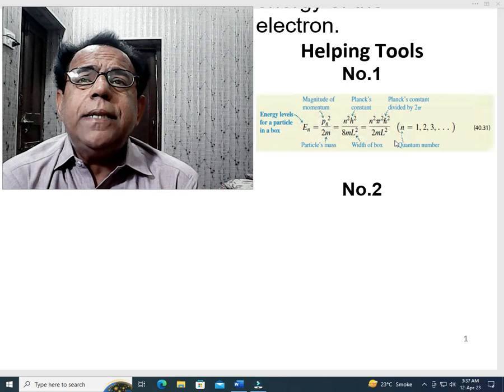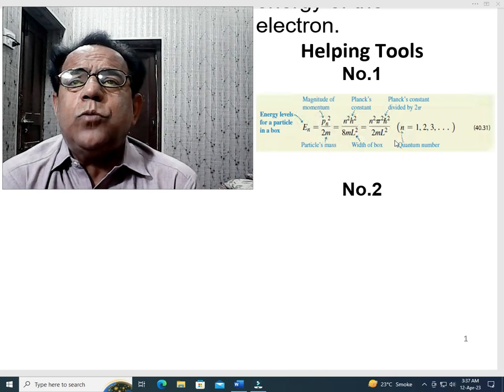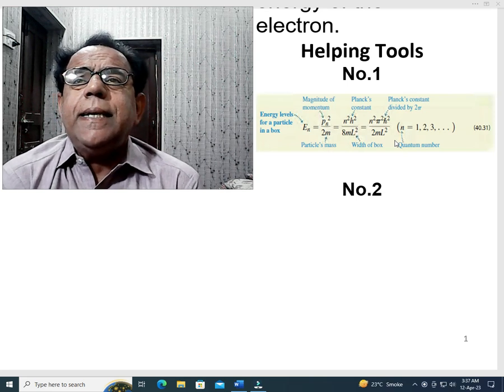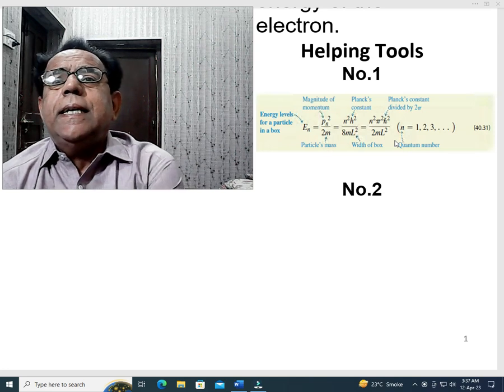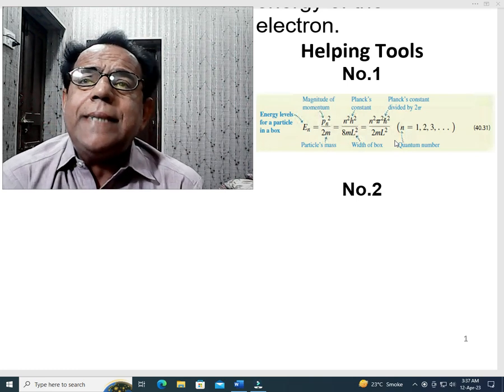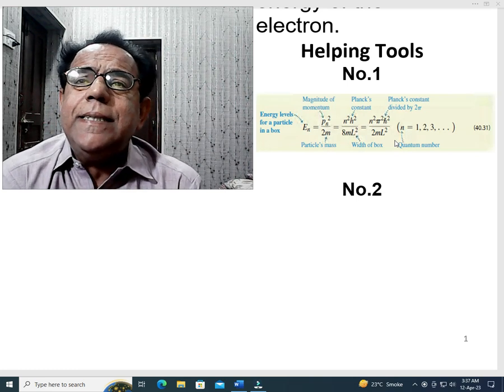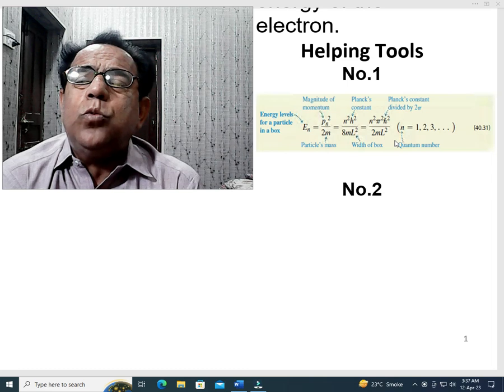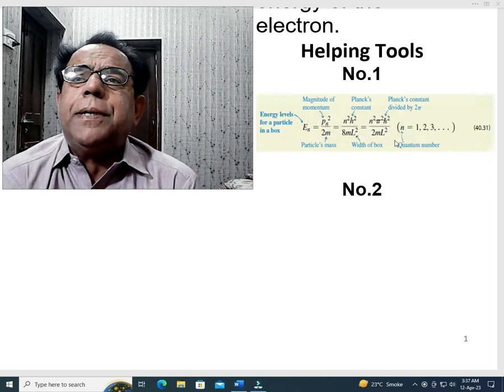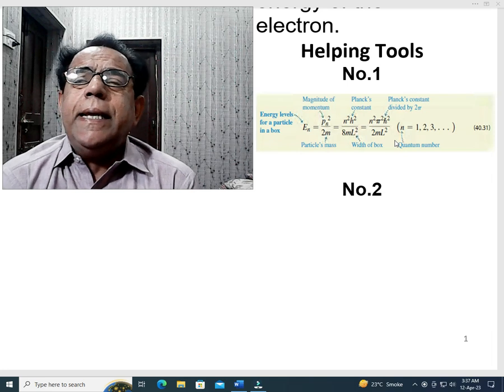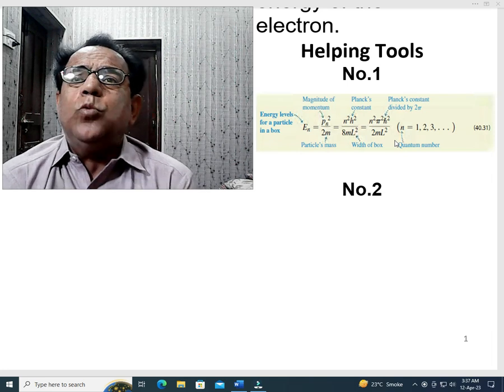This expression alternatively becomes equal to n square pi square h cut square, this is not h, this is h cut, and h cut is equal to h over 2 pi, divided by 2m capital L square. Here 8 has been converted into 2.